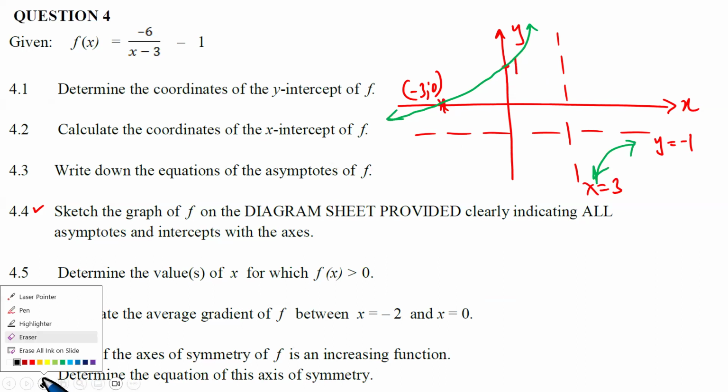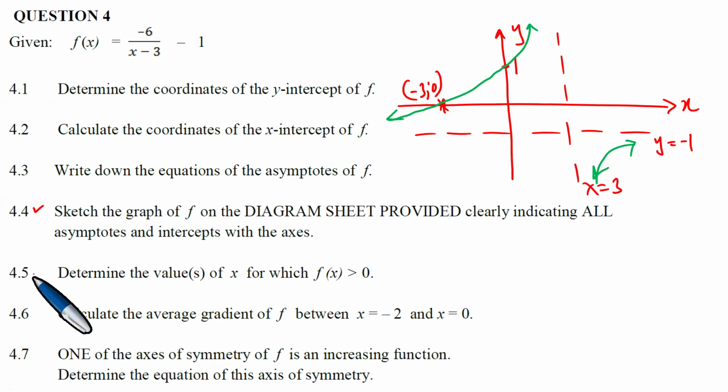Okay, let's look at 4.5. Determine the values of x for which f of x is greater than 0. What is the answer, Tando?